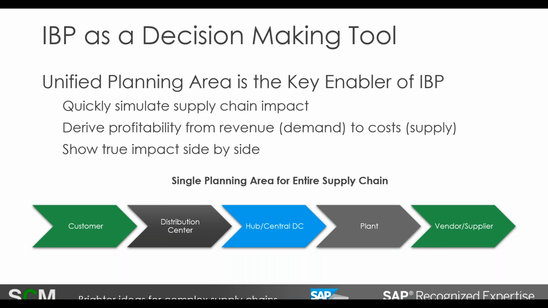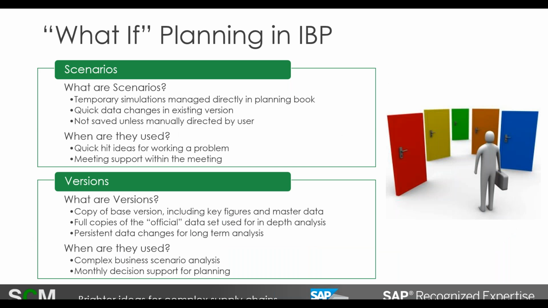Instead, what it would do is just have demand at a distribution center. When you expand your supply chain from customer to vendor, it allows you to bring in the cost elements. So different pricing conditions on different customers are known, different costs of different vendors are known, and putting it all into one simulation means that you can actually evaluate, is this better or worse for the business, not just can or should it happen, and show that impact side by side.